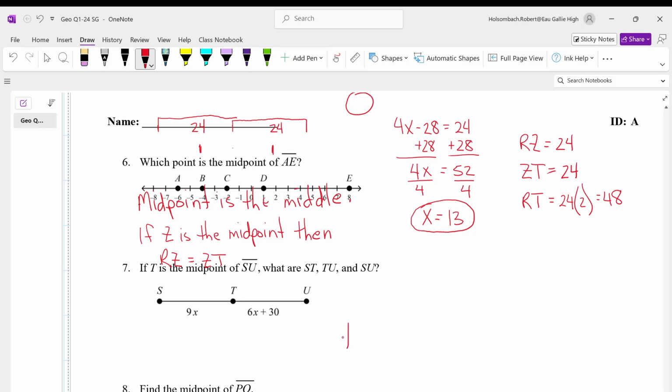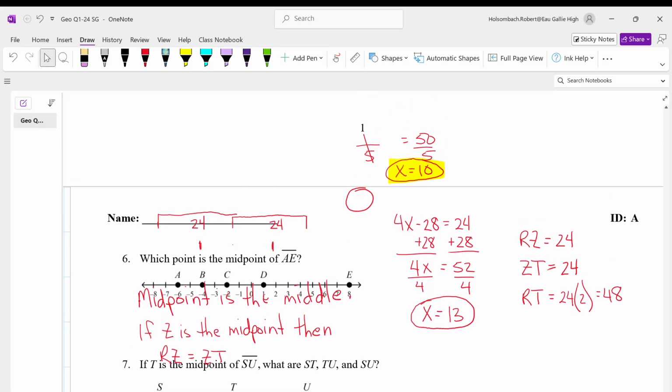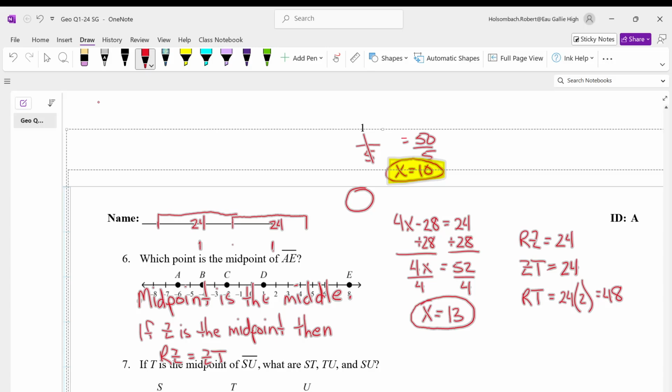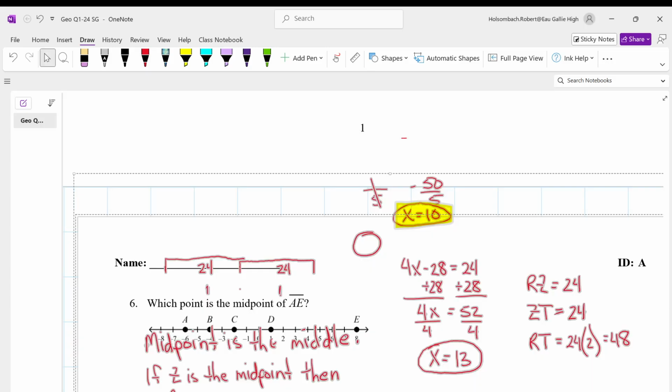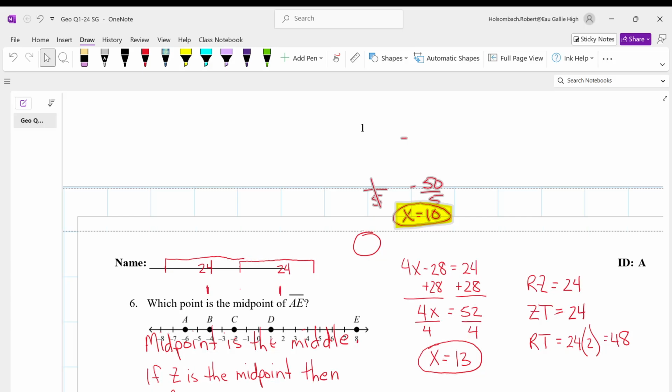Boy, my computer's messing up a little bit right here. We're on number 6, right? Yep. Okay. I think I got some pages that are sliding for some reason.